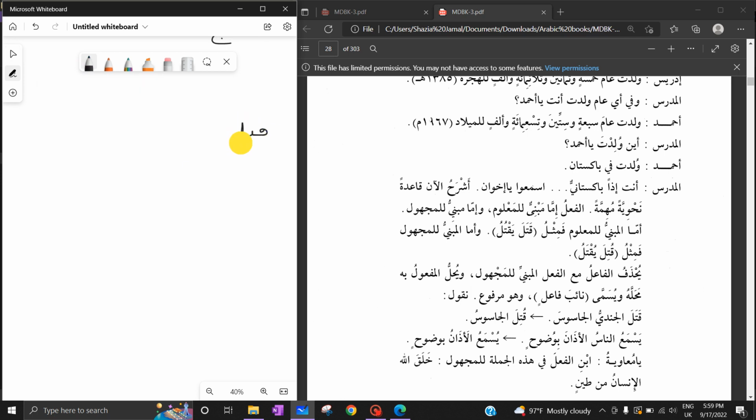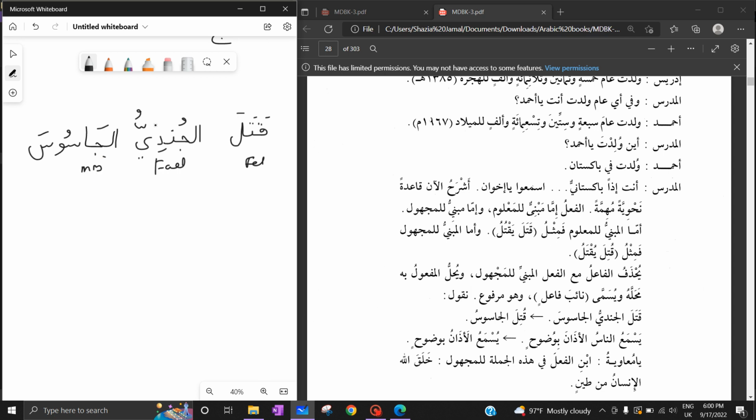Al-jundiyu here is the fa'il, the soldier, military soldier or the troop. Al-jasusa is the maf'ul bihi.